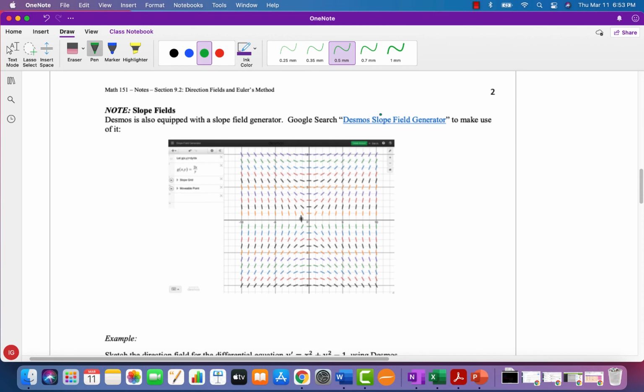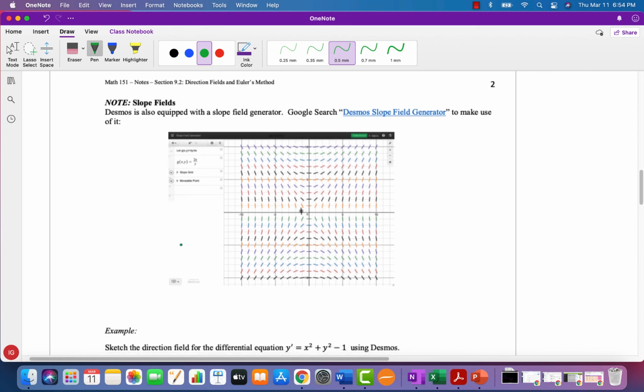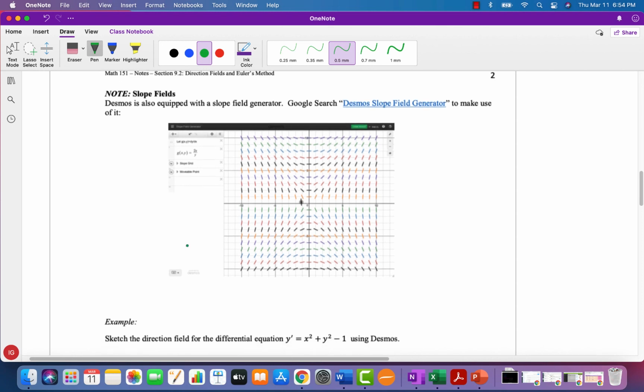If you're clicking on the PDF of this form, you should be able to click on this and it will take you directly. This is a generator, so you can put in your function and it will generate all the slopes for you. You can see the whole slope field. It's a tool to be able to see it and do it faster instead of doing it by hand because it takes forever.